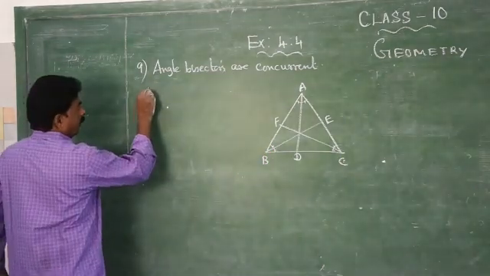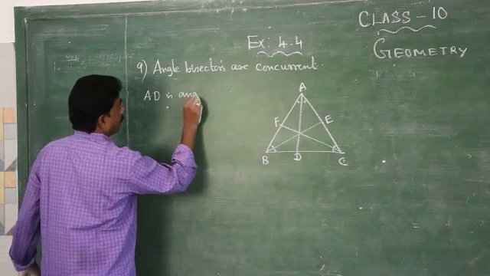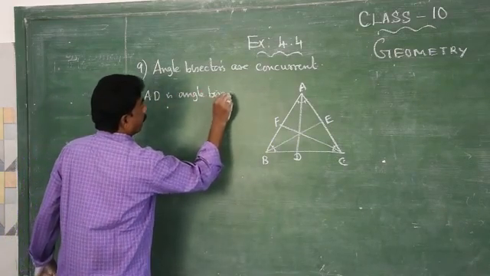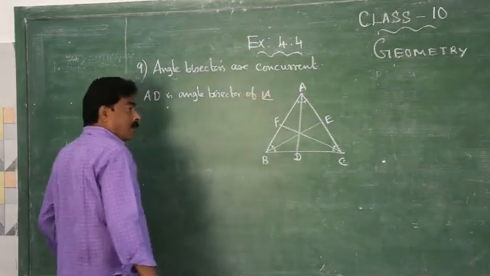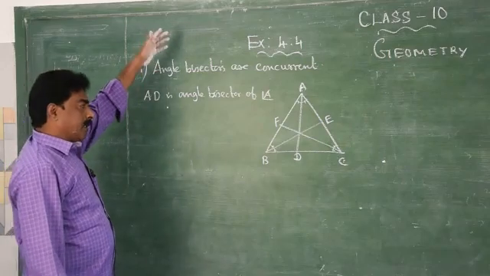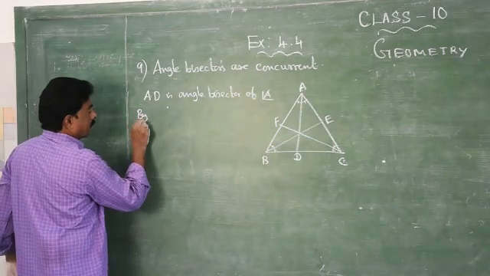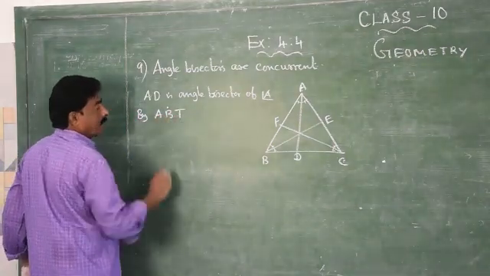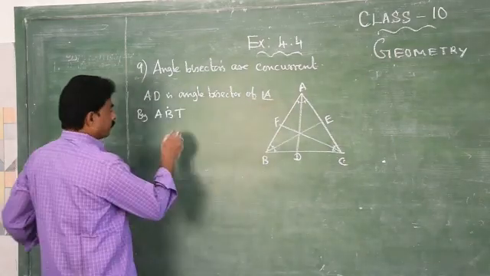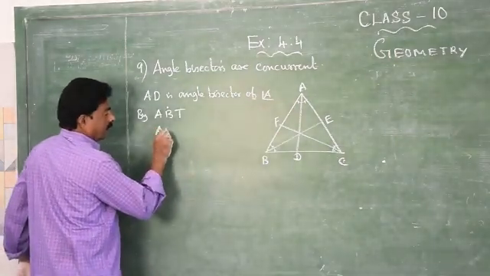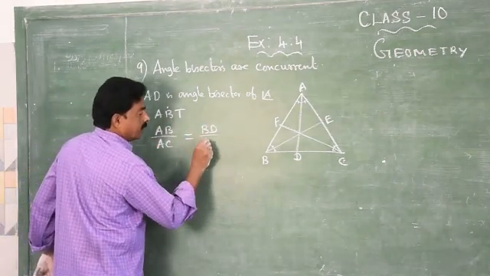According to our problem, AD is the angle bisector of angle A. By the angle bisector theorem, ABT, if AD is an angle bisector, we know that AB by AC is equal to BD by DC.